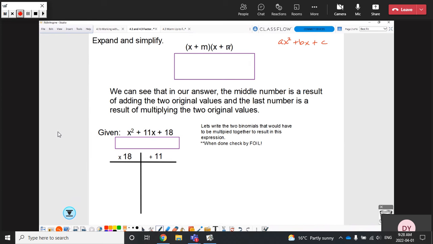Now this is just theory based, you wouldn't be tested on anything like this, so I just want to show you what happens. x times x is always going to be x squared, right? And then x times n, like let's just say that was 2, then our product here would be 2x, but in this case we're going to say nx. m times x is mx. And then m times n is mn.